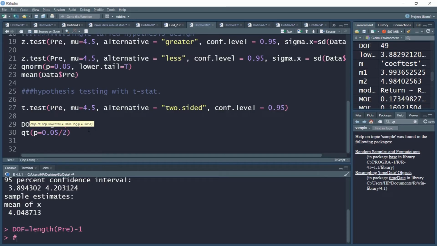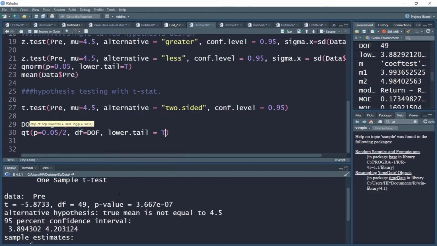Why I'm using 2.5% or 0.05 divided by 2 is simply because it is a two-tailed test. So we are conducting the hypothesis test that 4.5 is different from the population mean. That means the population mean can be either more as well as less. So it's a two-tailed test, and that is why we are using 0.05 divided by 2 as our significance level. We also provide the degrees of freedom to our argument, and then we specify lower.tail as true. Why we are doing this?